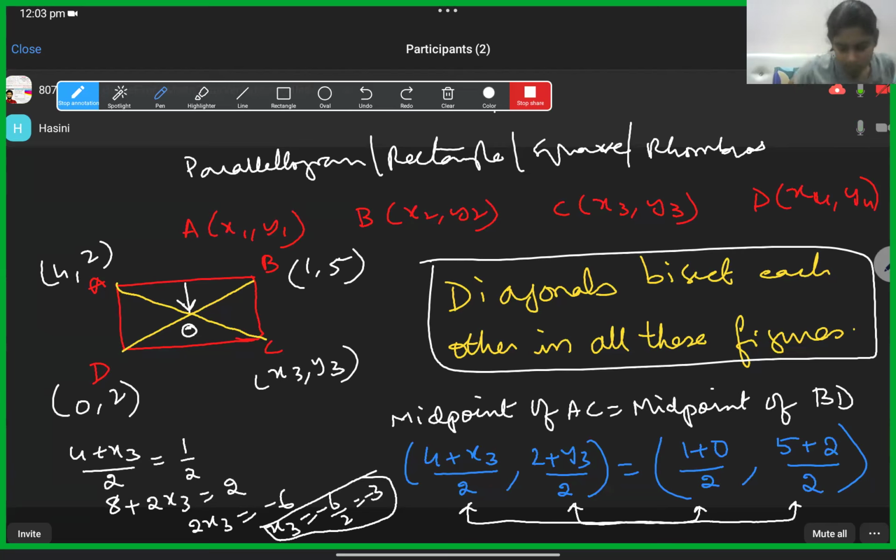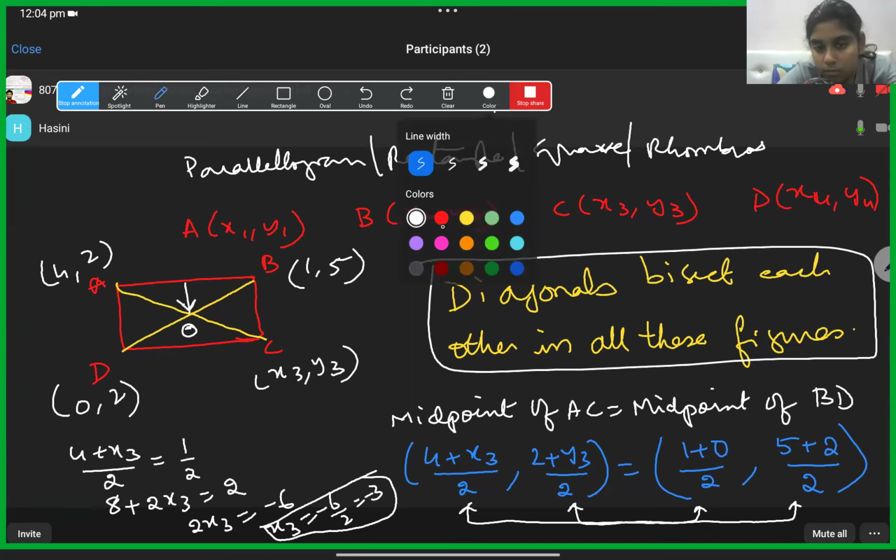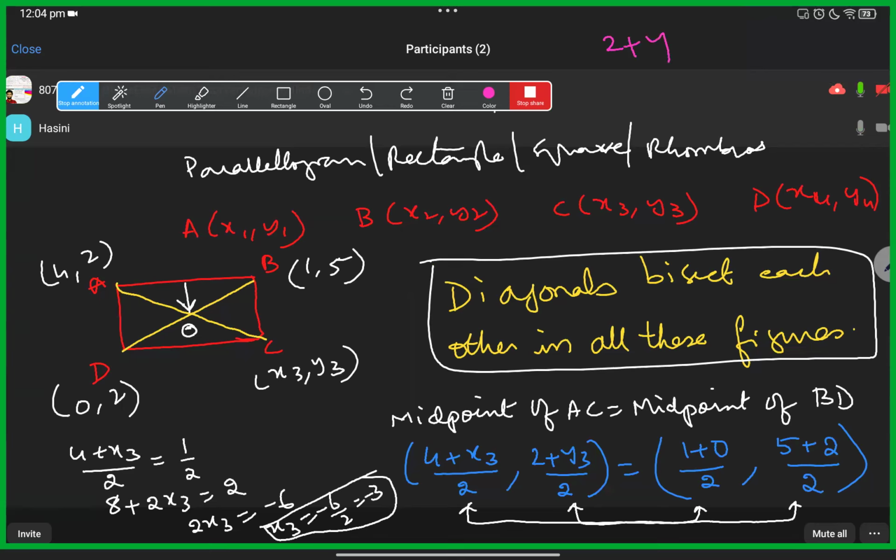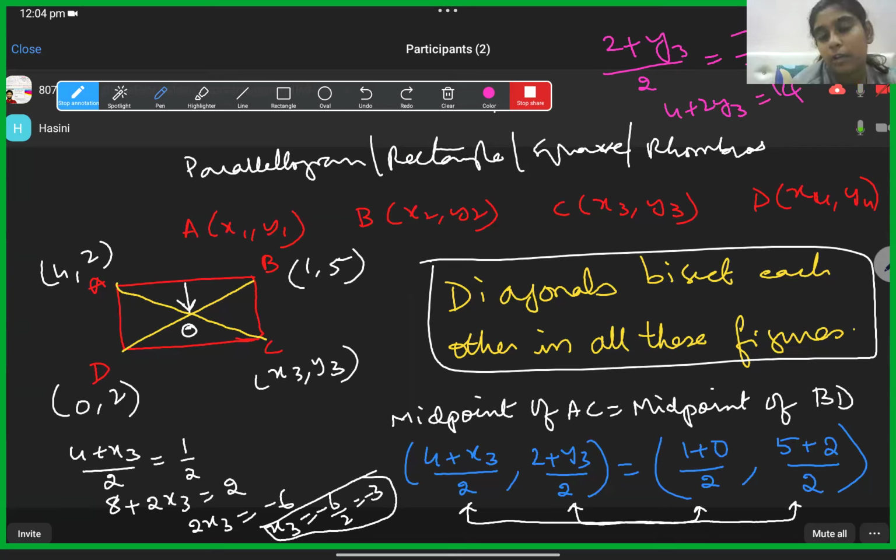Similarly, we'll equate (2 plus y3) by 2 is equal to (5 plus 2) by 2, which is 7 by 2. Now cross multiplication: 2 into 4 plus 2y3 is equal to 7 into 2, 14.